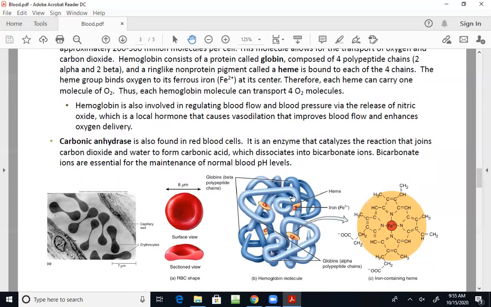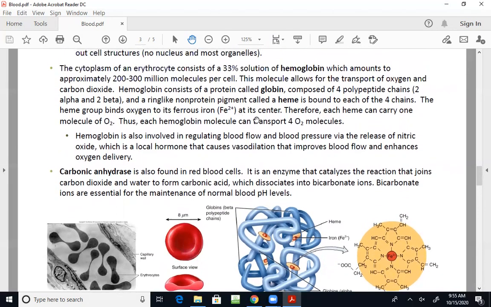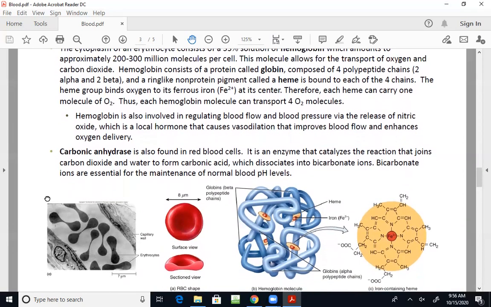You take 4 times 200 to 300 million, so you're talking about right around 1 billion oxygen molecules that can be carried by one red blood cell. And there are probably trillions of red blood cells in our body, meaning that we have a very, very high capability of carrying oxygen in our red blood cells.